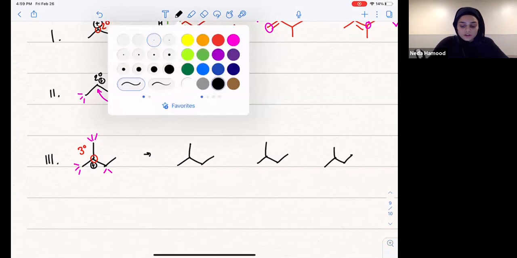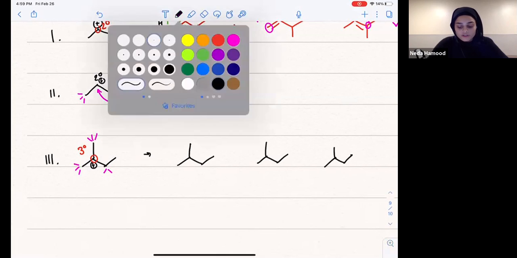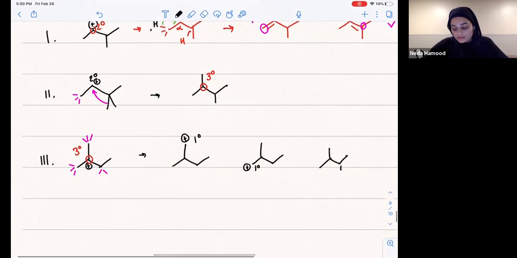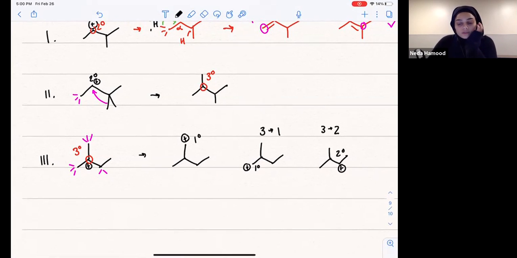If we were to just do a carbocation rearrangement, forgetting about the double bond or what the products would look like at all, it would be here, which is primary, or here, which again is primary, or here, which is secondary. So we're going from either tertiary to primary or tertiary to secondary. Do we think that one would undergo rearrangement?